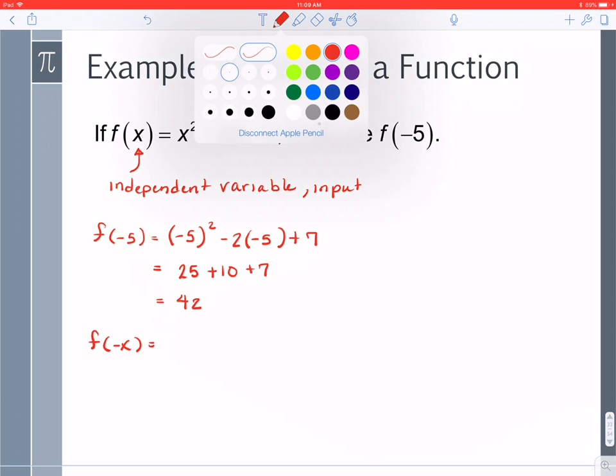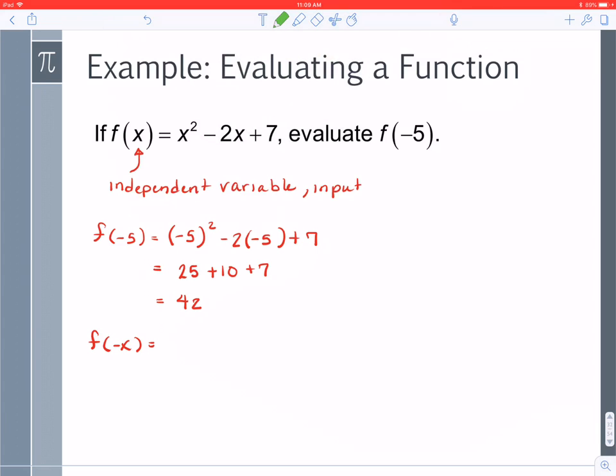Well, looking at this function, if I'm going to evaluate this function at -x, I'm going to replace all the x's in this function with a -x. So wherever there's an x, I'm going to replace it with -x. So what do I get?